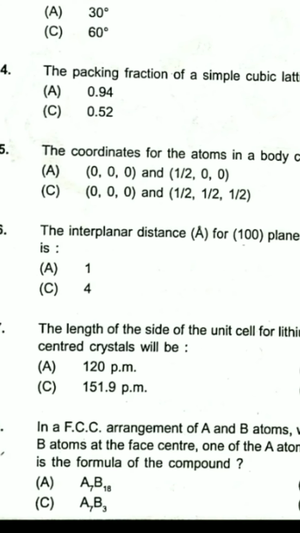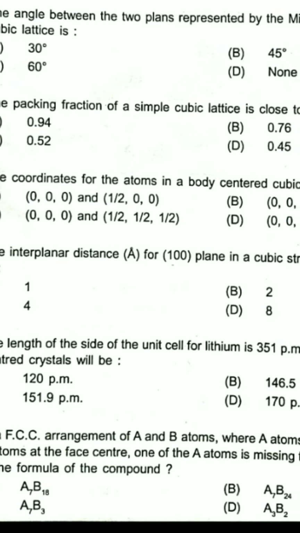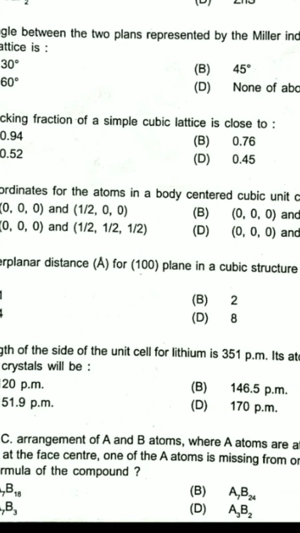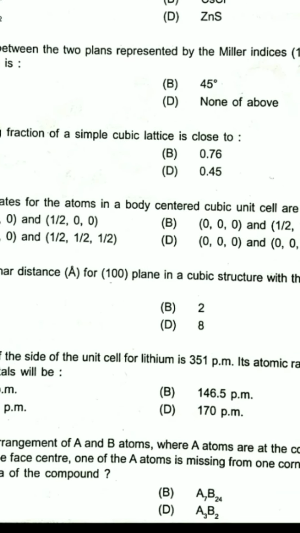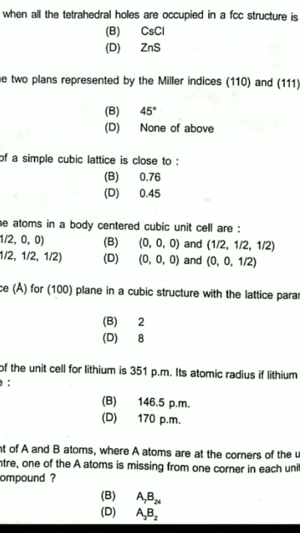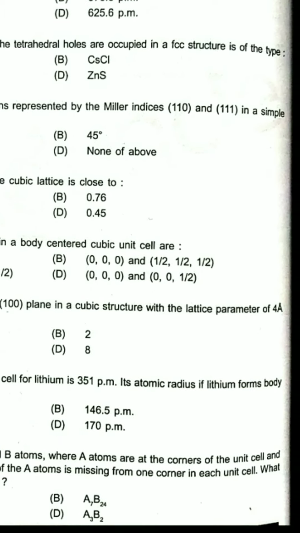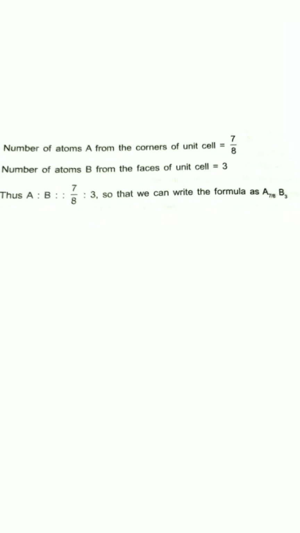Number 8 question, in a FCC arrangement of A and B atoms, where A atoms are at the corners of the unit cell and B atoms at the face center, one of the A atoms is missing from one corner in each unit cell. What is the formula of the compound? Here, number of atoms A from the corners of the unit cell is 7 by 8 and number of atoms B from the faces of the unit cell is 3.